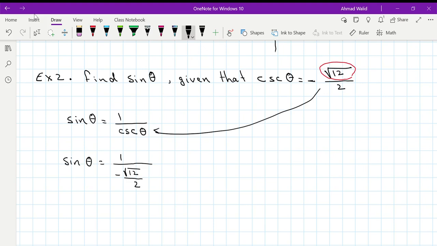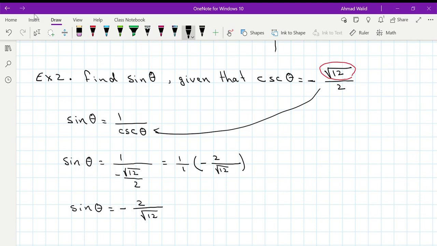Over 2. To simplify more, it's equal to 1 over 1 times negative 2 over square root of 12. Now it means sine theta equals negative 2 over square root of 12.